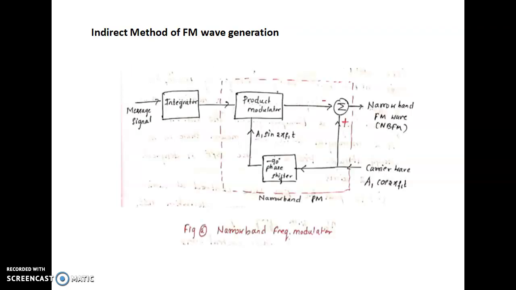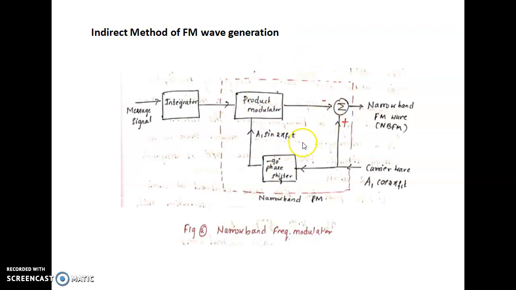The block diagram of the indirect method in detail is as shown. It consists of an integrator followed by a phase modulator. How do you do phase modulation? It is done by using a product modulator, a phase shifter along with an adder.